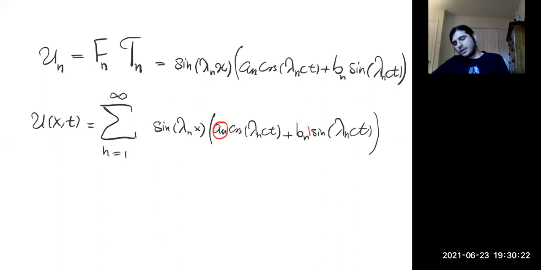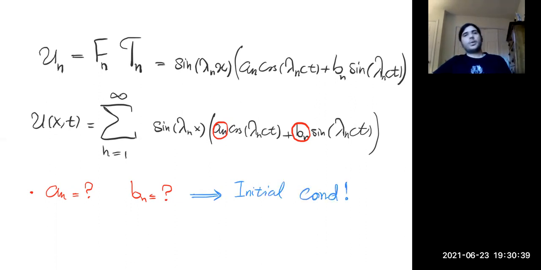We need to find an and bn. So our question is, what is an and what is bn? And the way to answer that question is by looking at the initial condition. That's how we can answer these types of questions.